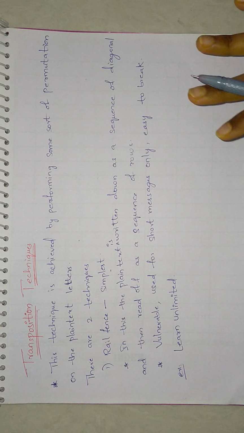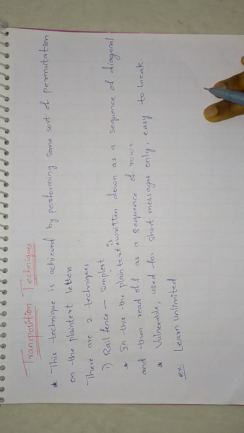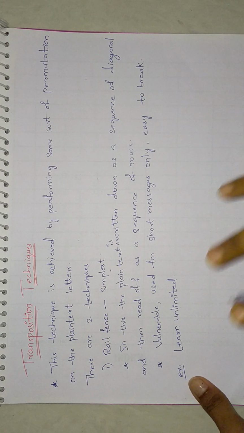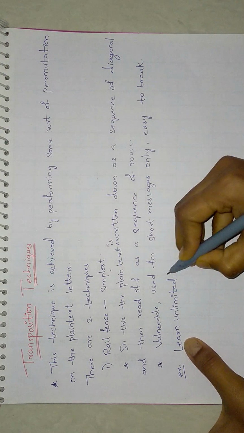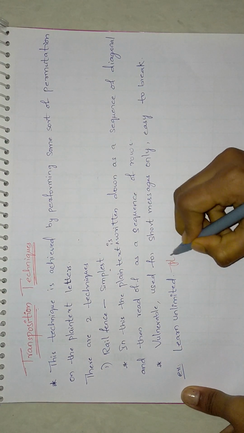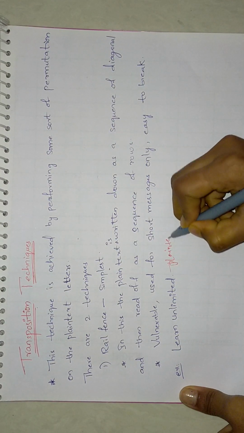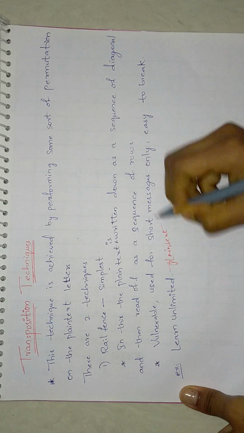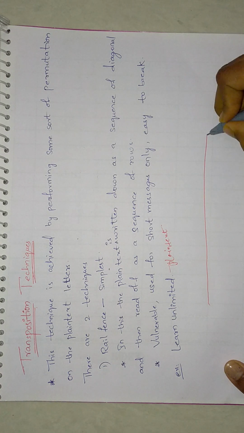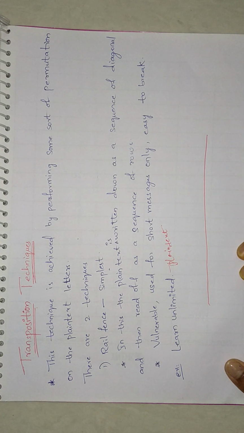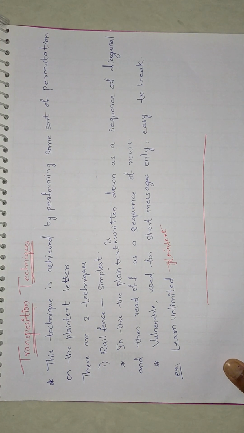I'll tell you with an example, then you can understand, and let's see what the disadvantages of this technique are as well. Now for example, "learn unlimited". This is the plain text. Now what you have to do, first draw a line. You can go with a line or you can go with boxes as well.